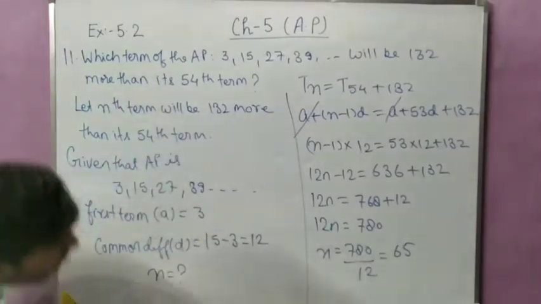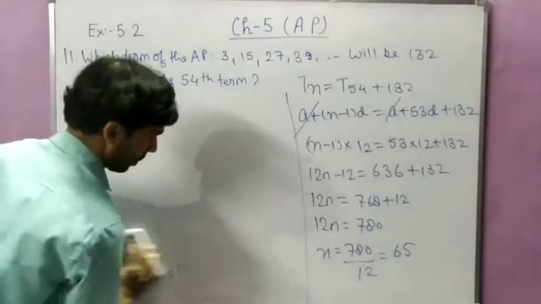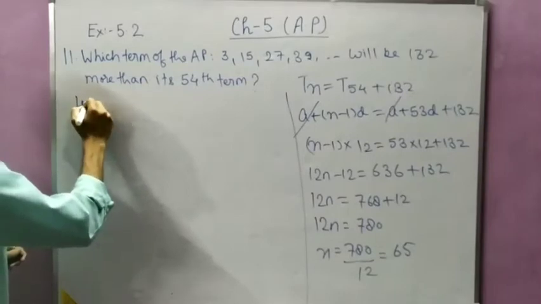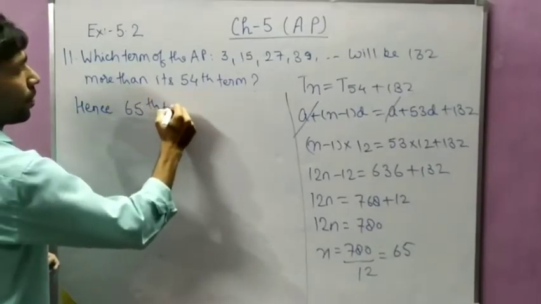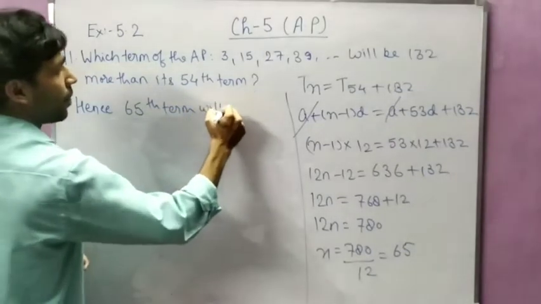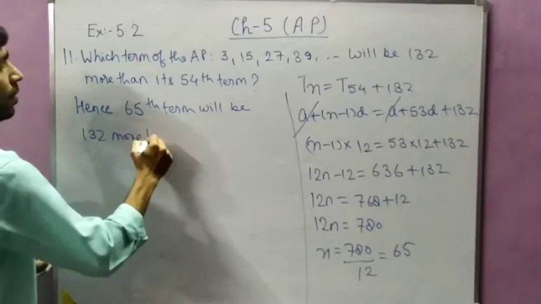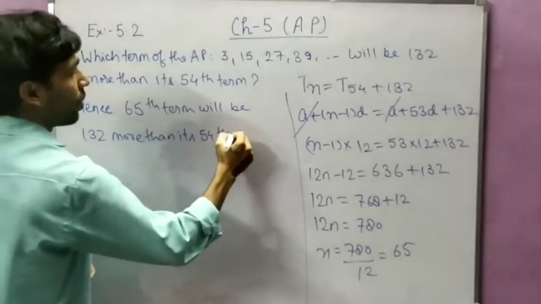So how will you write the answer? The answer will be: hence the 65th term will be 132 more than its 54th term.